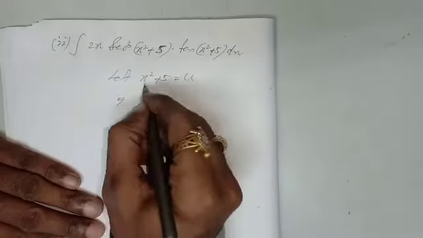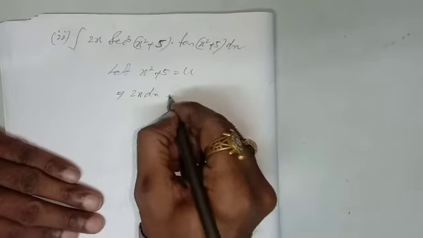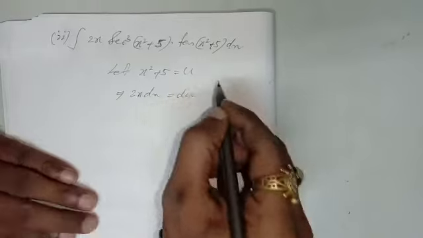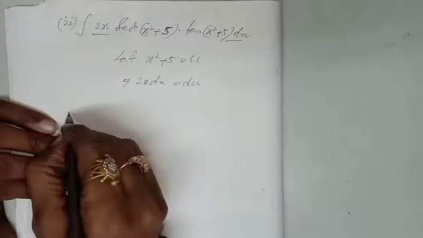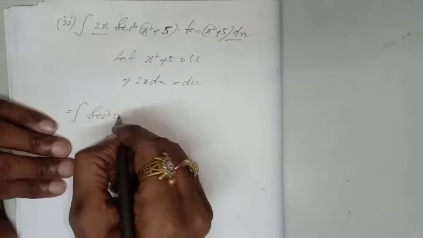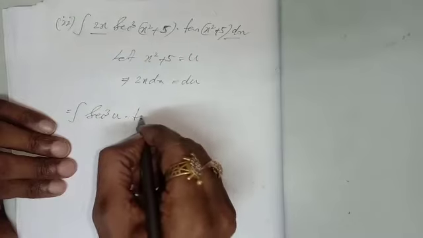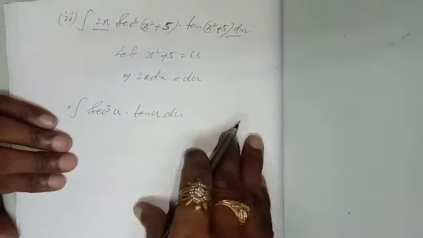So what is the derivative of x square? That is 2x dx, the derivative of 5 is 0, so 2x dx equal to du. Now substitute 2x dx as du, then this will be converted to sec cube u into tan u du.